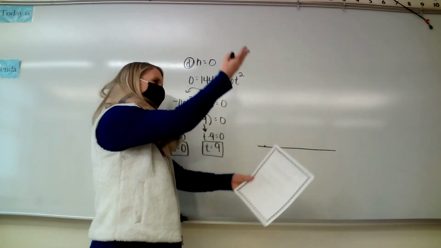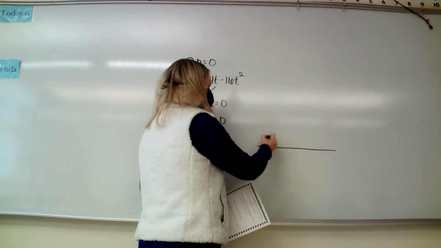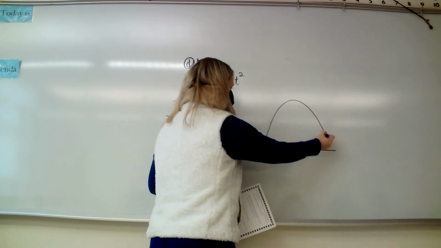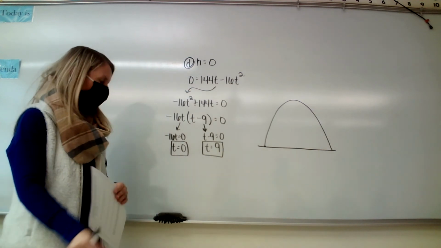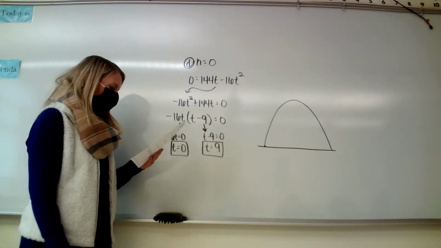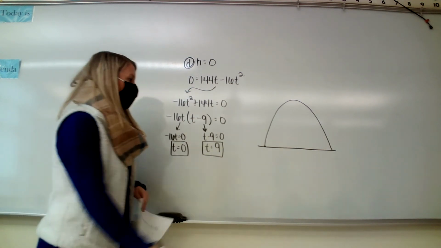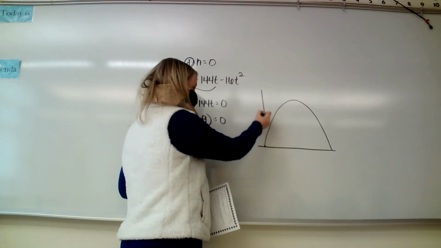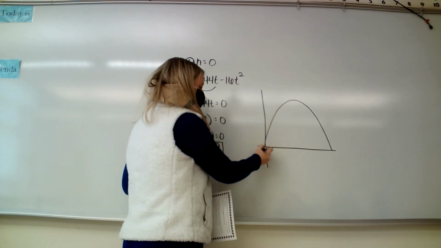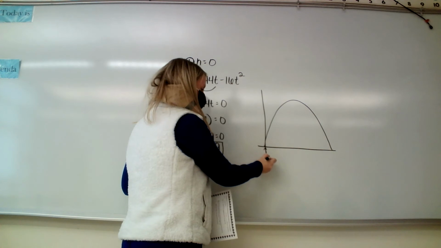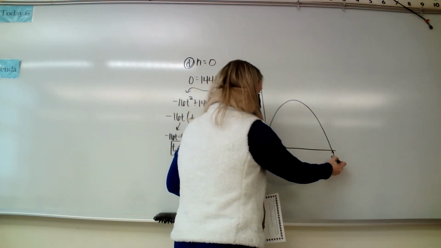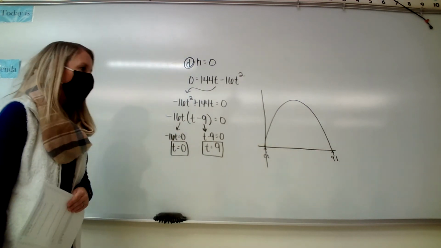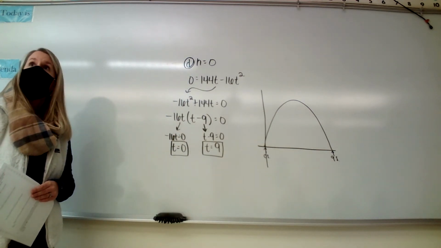You toss it up, it comes back down, it hits the ground, and then it might bounce after that, but that's kind of what we're caring about. So we're saying the ball is on the ground at 0 seconds, and then it hits the ground at 9 seconds. Well, it was in the air for a really long time.